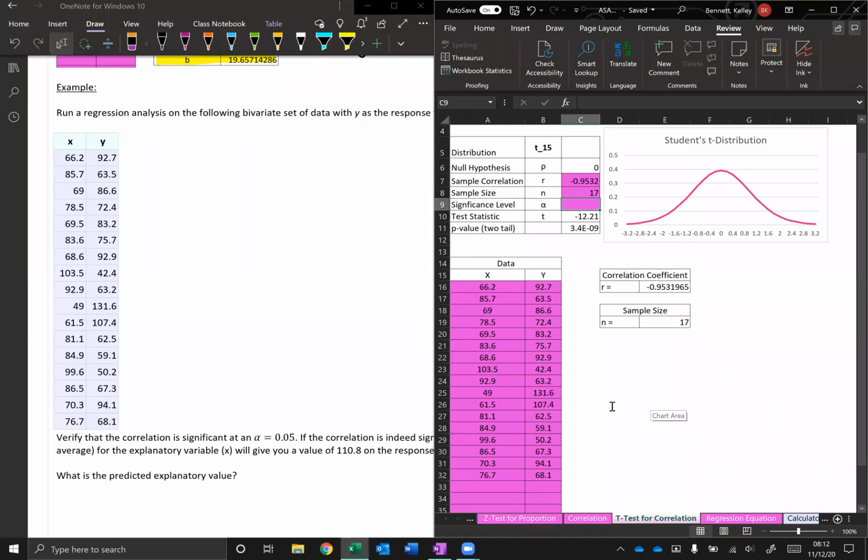All right, so I copied and pasted my data into Excel. I've taken my correlation coefficient as well as my sample size and put them into my hypothesis test calculator at the top. And then I want to verify that the correlation is significant at alpha equals 0.05. So I'm just going to put 0.05 here.